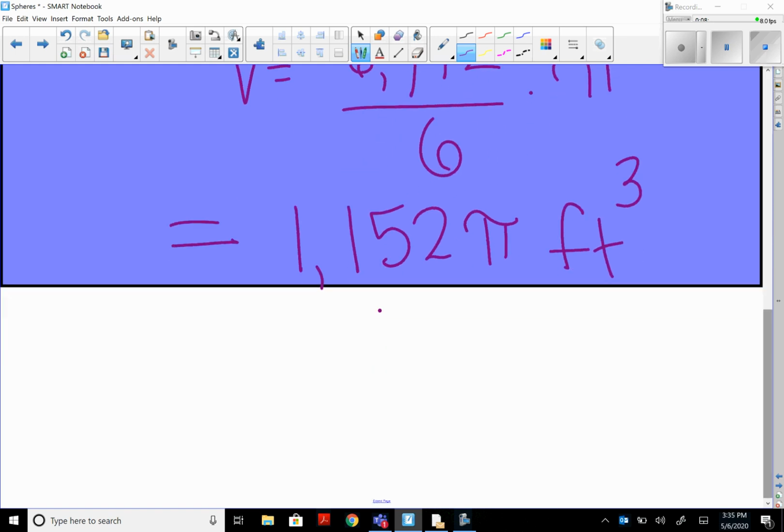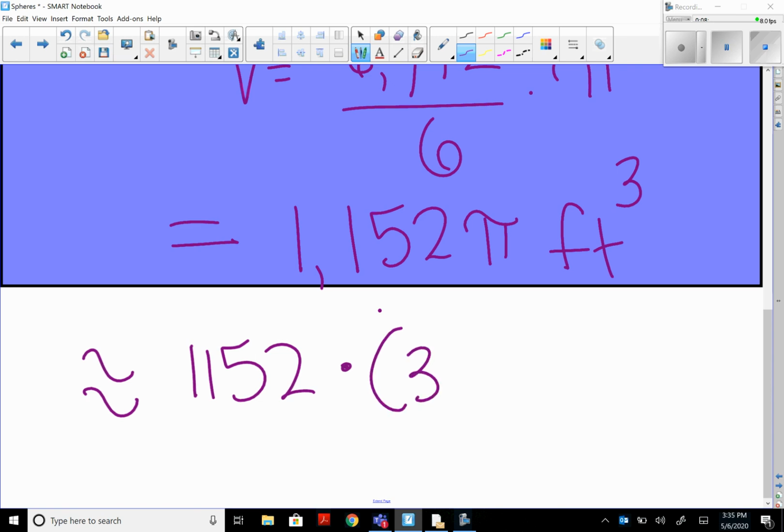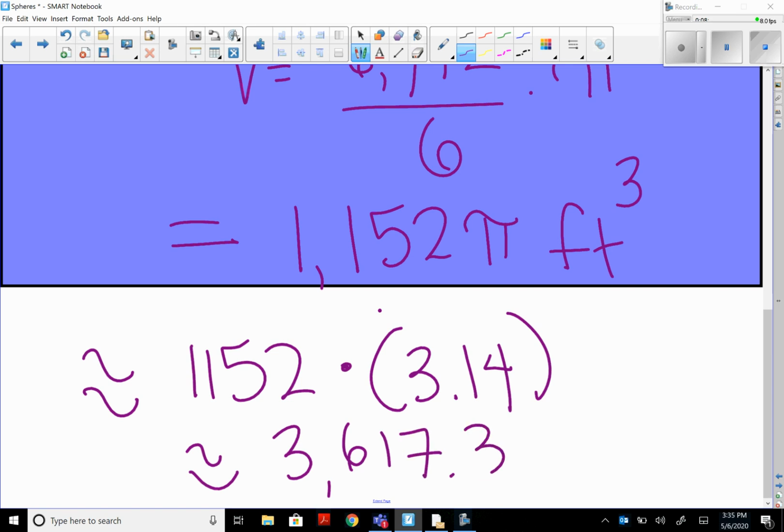Sorry about the noises. All right, last step is to get the approximate volume. So I'm going to multiply 1,152 times the approximation for pi, which is 3.14, and I get that the approximate volume is 3,617.3 if I'm rounding to the nearest tenth, and that is cubic feet.